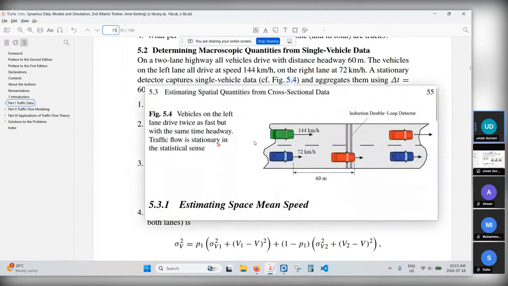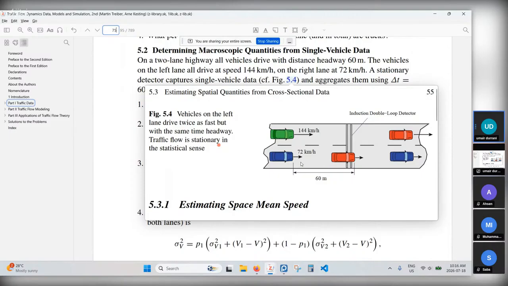So this is the problem that we have previously seen when we were discussing the chapter. The only difference from this example is that in the example, they used 120 meters of distance headway in the left lane. So whatever was happening in the right lane, we doubled it for the left lane in the example. But in the exercise, they have made one distinction.